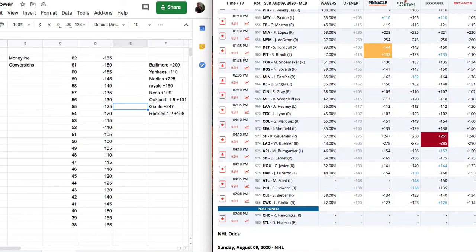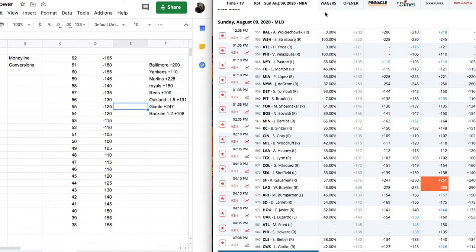The reason this is very important, I talked about this earlier, is you want to avoid playing what we call public teams. And there's several reasons for that. When you play a public team, more times than not, you're going to be overpaying for a line, okay? Because if there's more people on this particular line, like for this example, this line opened at +230.